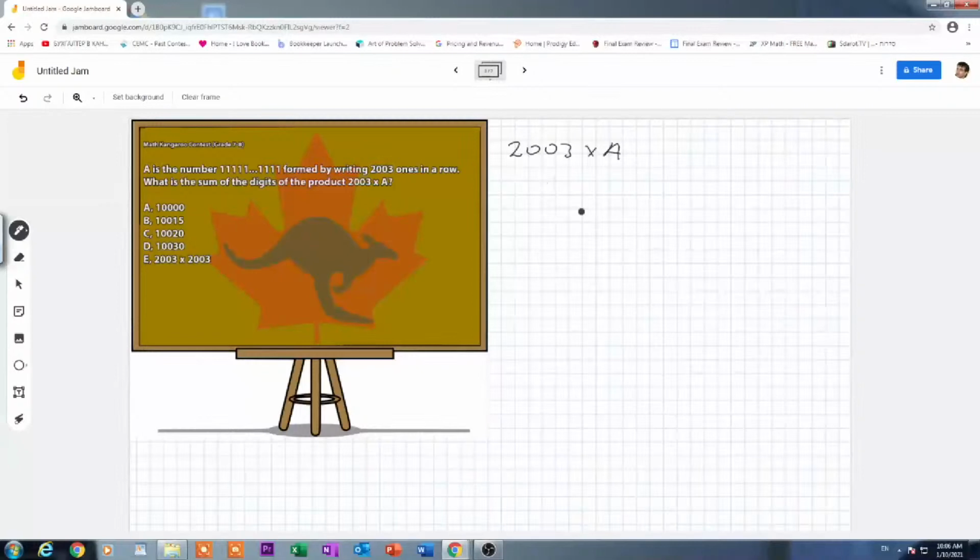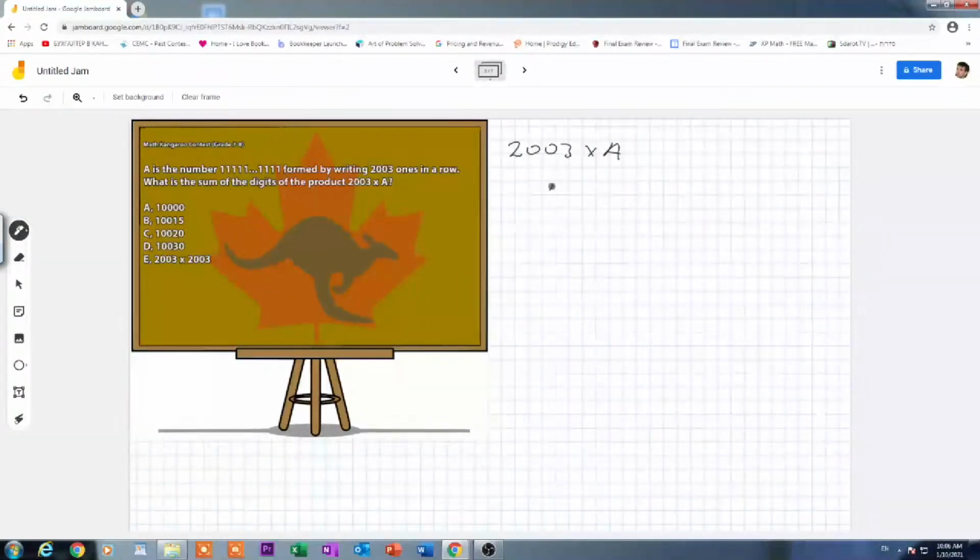The answer. Let's try. So because we have ones, I think we should get a pattern. Starting from certain number of ones, we should get a pattern. So let's try.